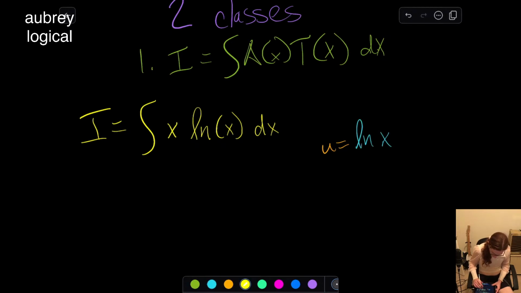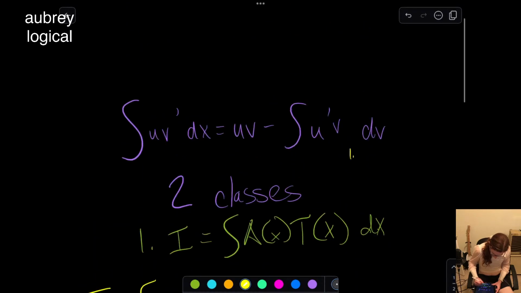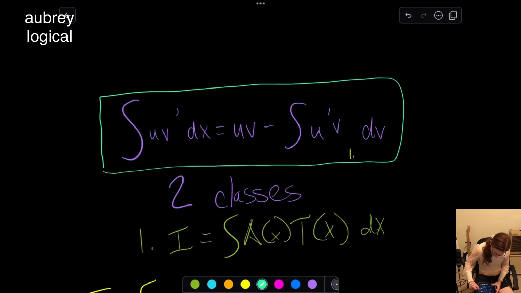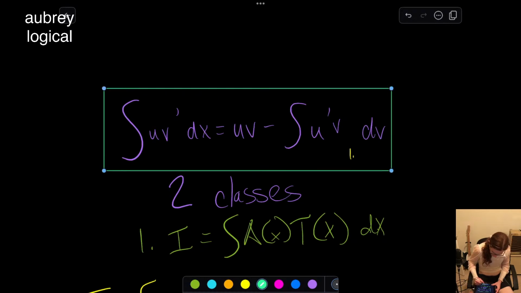Now with the integration by parts formula, you can see we have a u variable, and we also have a v variable. So this little thing right here means we're taking the derivative of v and the derivative of u.